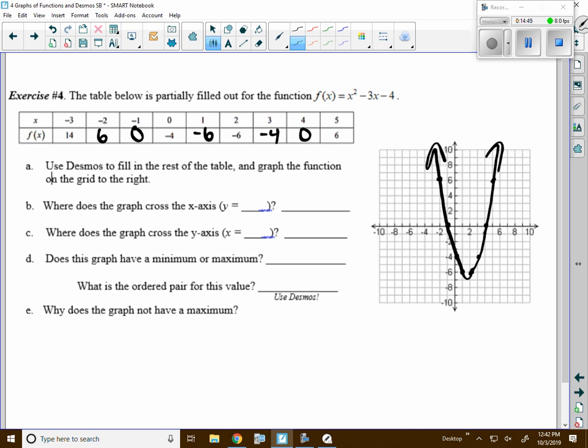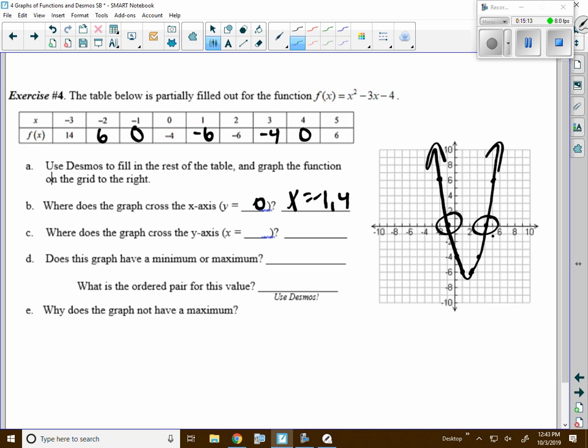All right, where does the graph cross the x-axis, or when y equals 0? Where does it cross the x-axis? What's that x value? -1 and 4.